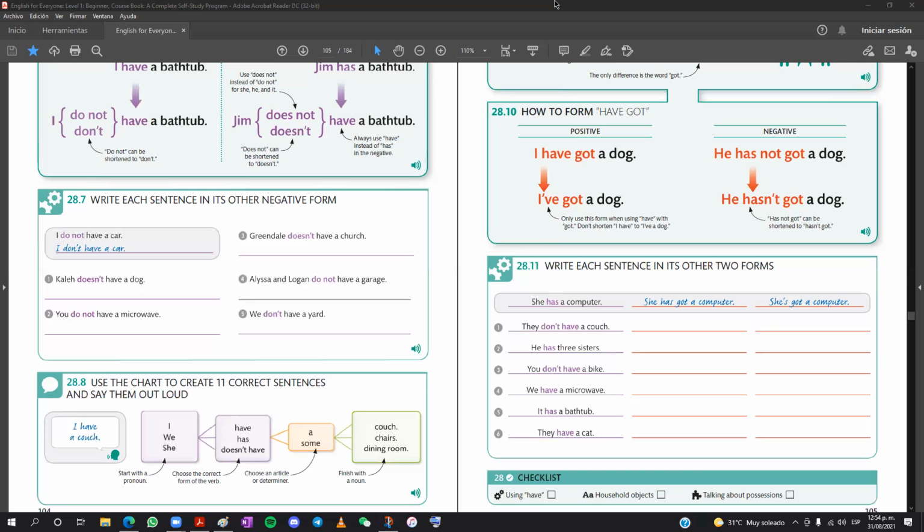They don't have a couch. ¿Sí sería don't o sería...? No, está usando have. Ah, perdón. Have not got a couch.